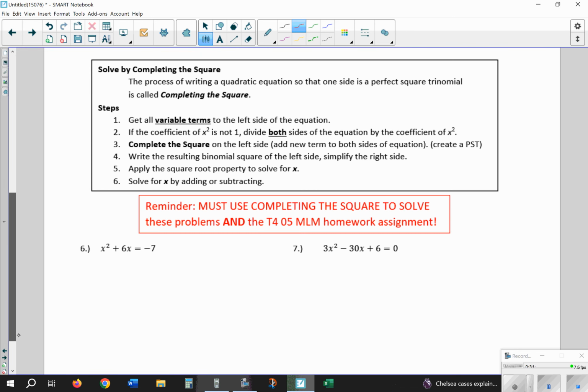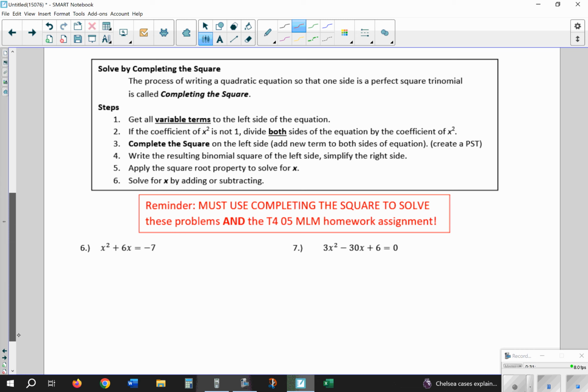Okay, now complete the square. There's literally a question in your homework you have to answer true that says, I understand that I have got to solve these problems by completing the square, and still people will do them by a different method. You choose a different method, that's totally up to you.